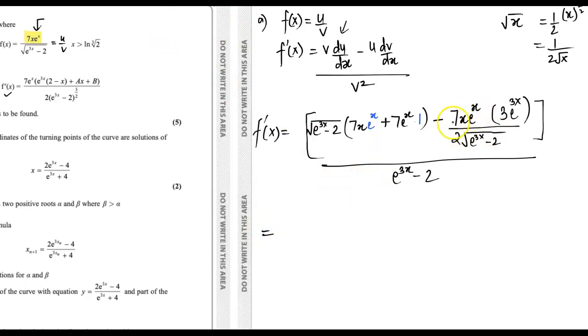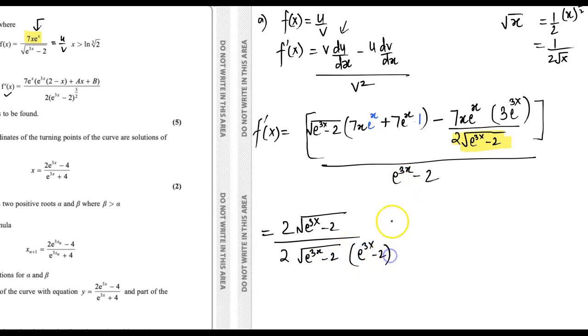So now what we can do, let's take 7. Okay, let's do one thing. Remove the denominator. For that, we are going to be multiplying and dividing by 2 root e to the power 3x minus 2, and we already have e to the power 3x minus 2 at the bottom.